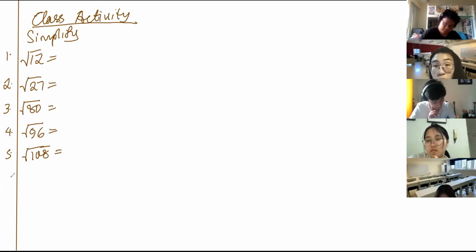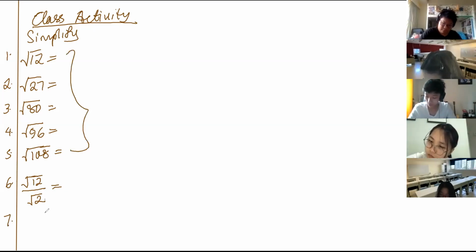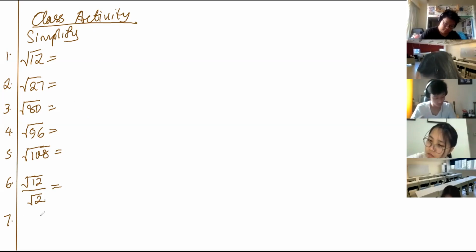You can use the same idea for that. This is the example that we just did. These are using the properties, okay? You can use the properties to do from number 6.